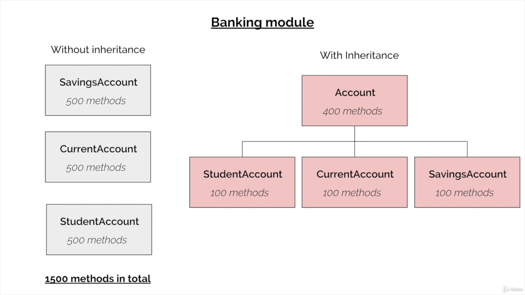Now if you have to make any changes in future to the withdraw method, let's say earlier our bank was not validating the user before withdrawing and now we are also validating them. Without inheritance, you have to add this change to the code in all three classes.